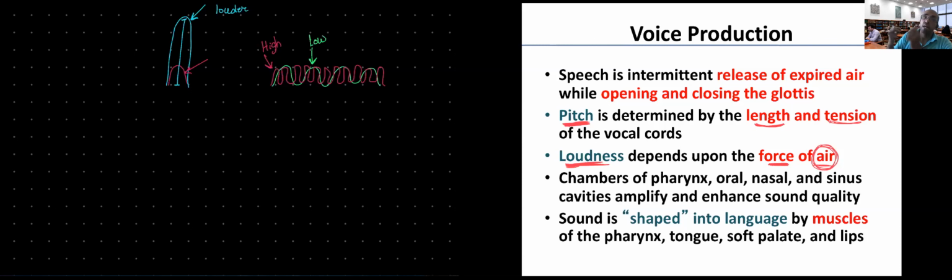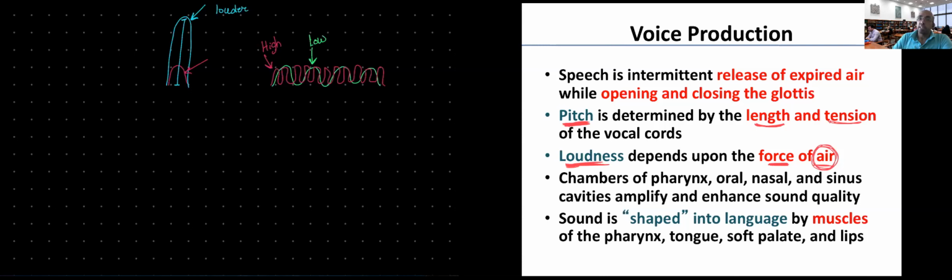So again, how would I determine the pitch of a sound emitted by the vocal cords? It's going to be simply by changing the degree of tension of the vocal cords by either relaxing the vocal cords or stretching them.